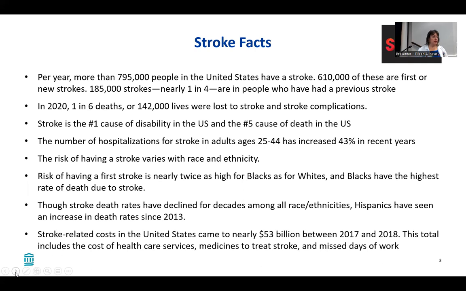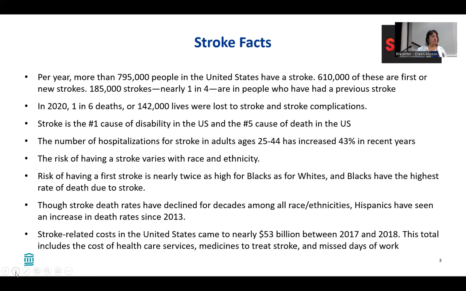And we've also seen a dramatic increase in the number of young people hospitalized with stroke. And they're attributing that to risk factors of obesity and smoking, especially among the younger population. And with all the diversity and equality issues coming into play now, we're also looking at that, and we're finding out that Blacks have the highest rate of deaths due to stroke, and we can attribute that to a lot of the racial disparities that they're experiencing.